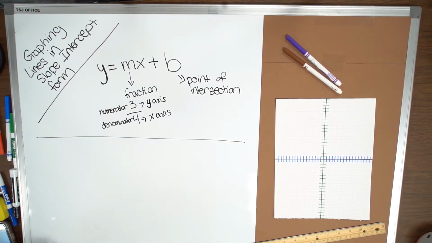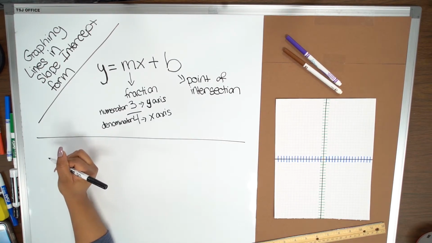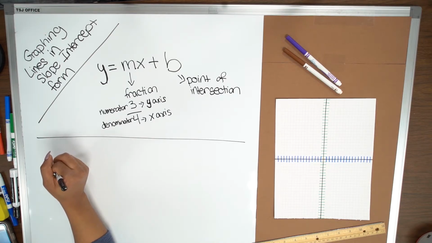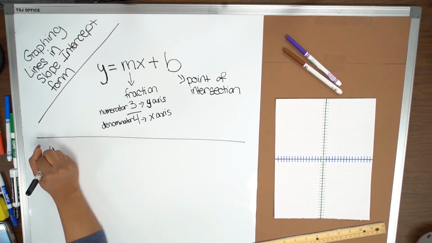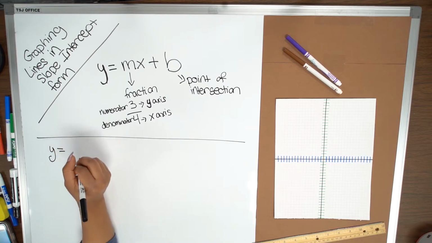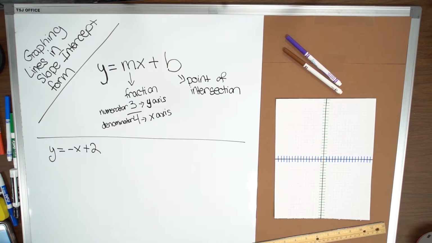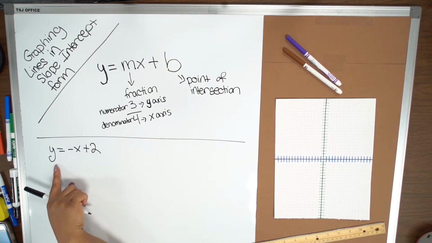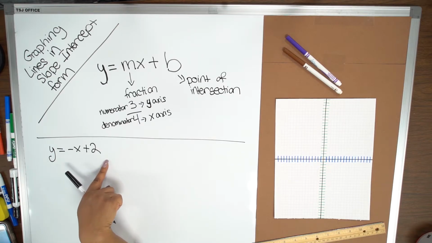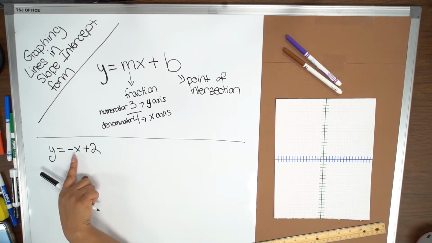All right, so the first problem we're going to look at is Y equals negative X plus 2. I'm going to try to keep some tails on my Y so they don't look like 4s. So Y equals negative X plus 2. Now remember, when it's a negative variable, there's really a 1 in there.